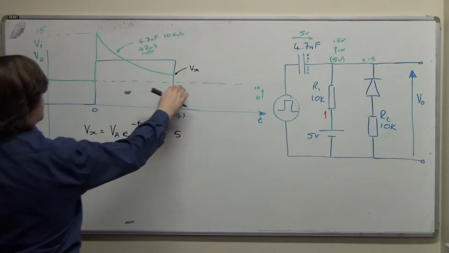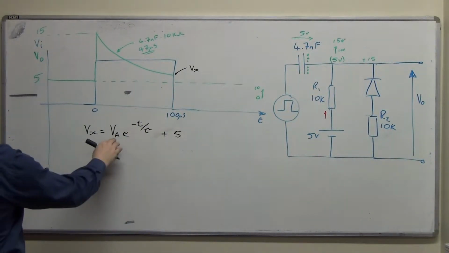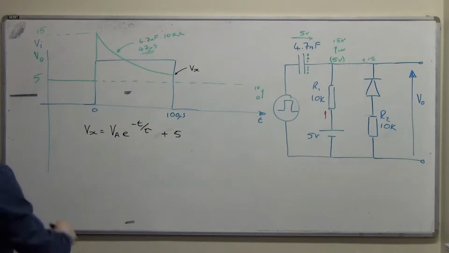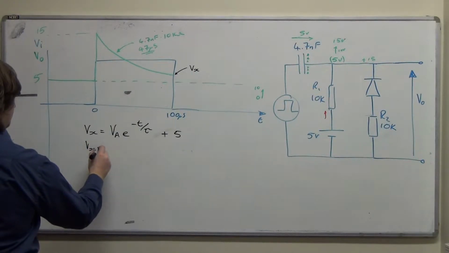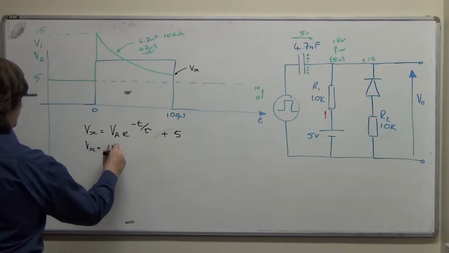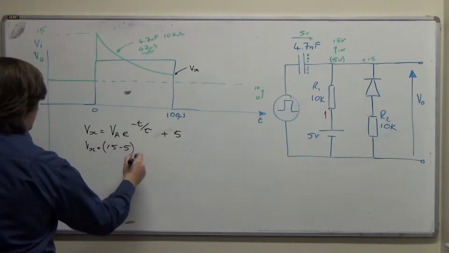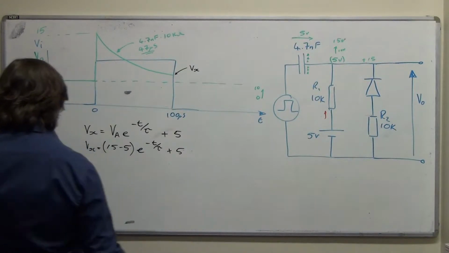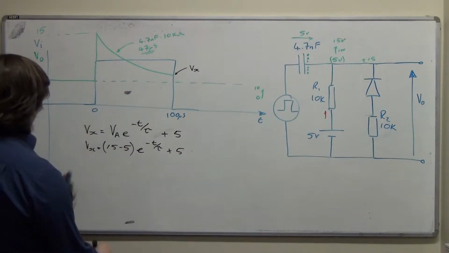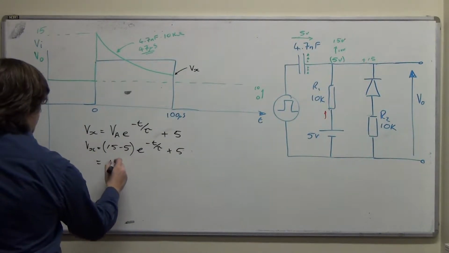Plus 5 is our offset, and Va is our aiming voltage, or the voltage difference across the exponential is falling through. So we've got Vx is equal to 15 minus 5, which is 10, e to the minus t upon tau plus 5.